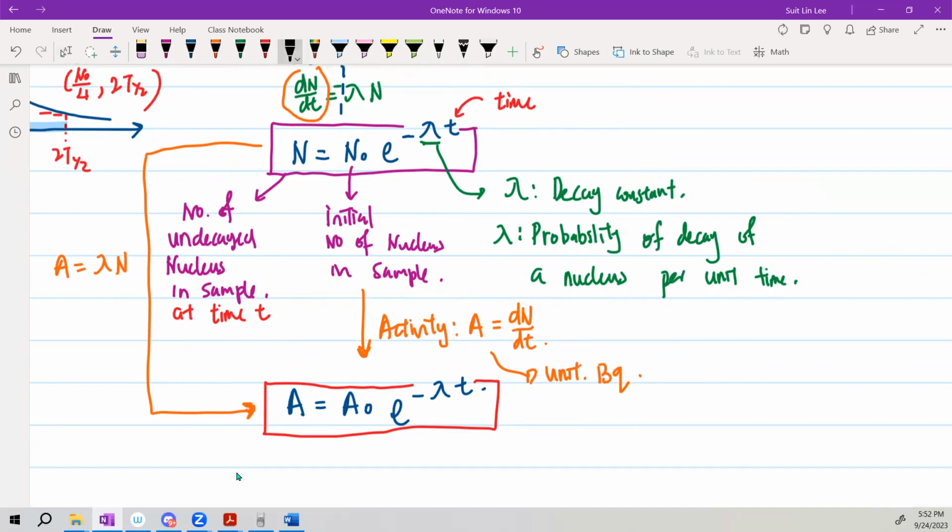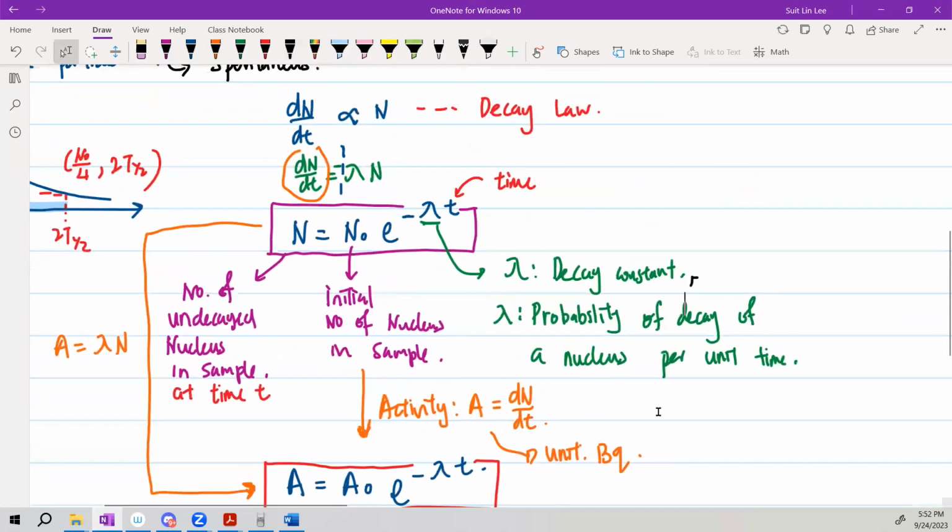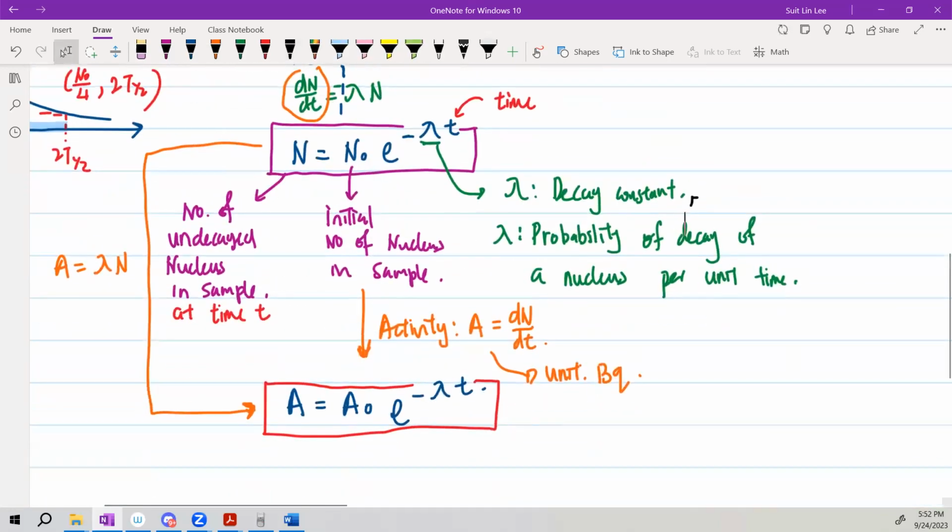To determine lambda, well, let me check your new equation list. Old equation list, they give. New one also gives. Great.